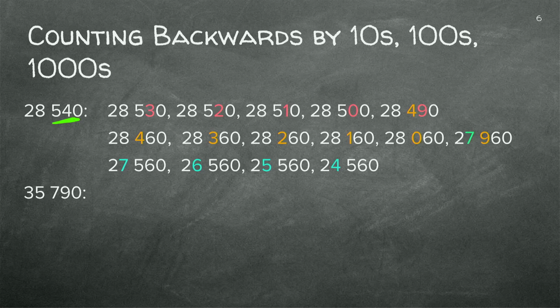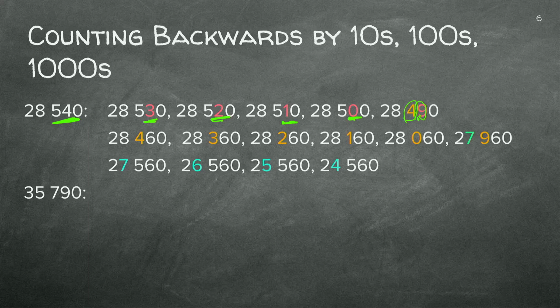So there we are, 28,540, 28,530, 28,520, 28,510, 500, and then we just do the reverse, right? So our tens column will then become a 9 and our hundreds column will be 1 less, 490.